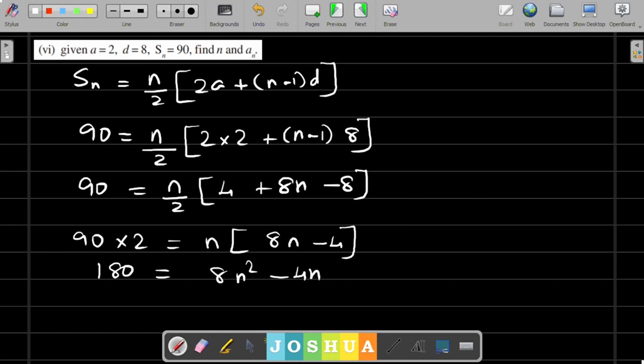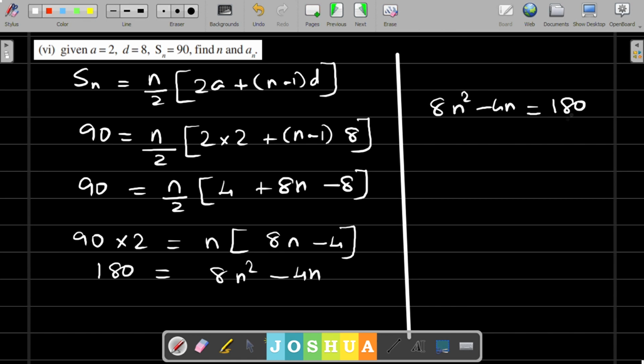Okay. So this is almost like a quadratic equation. Not almost, it is a quadratic equation. So for my calculation, I take 8n square minus 4n equal to 180, or 8n square minus 4n minus 180 is equal to 0. I'm going to divide this by 4 on either side.